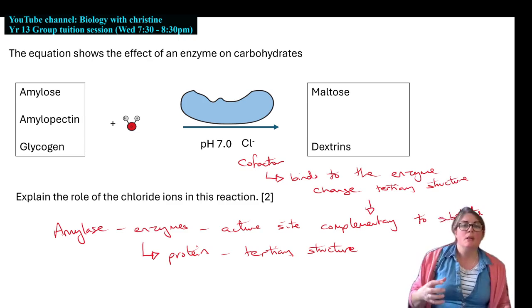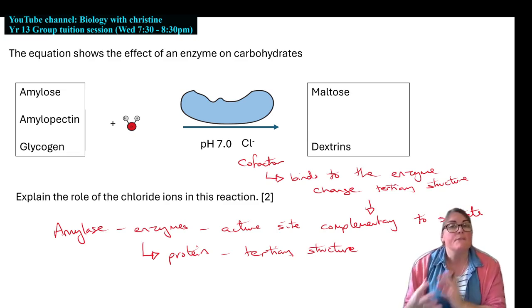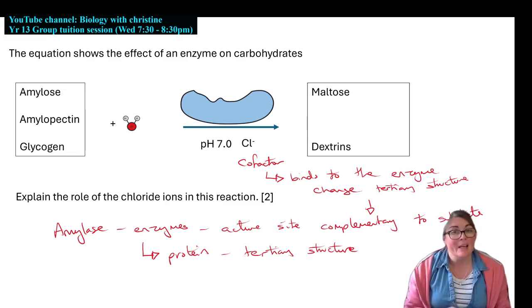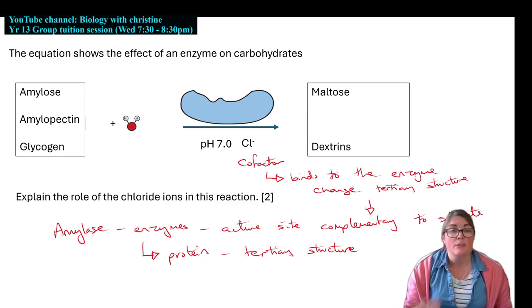So that cofactor is required for the amylase to have the right active site that is complementary to the substrate. If there are no chloride ions present, it's not going to be able to break it down. So therefore, what's the role of the chloride ion?